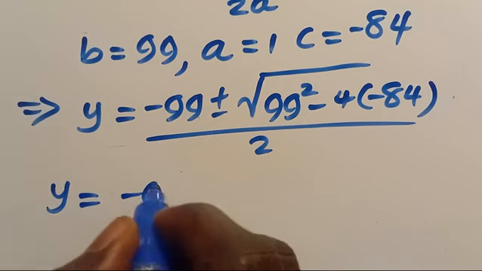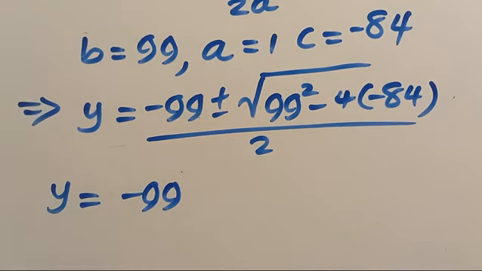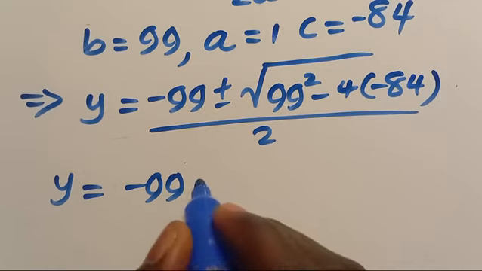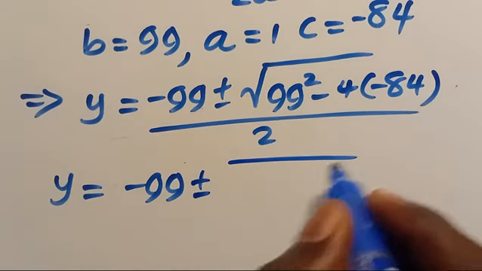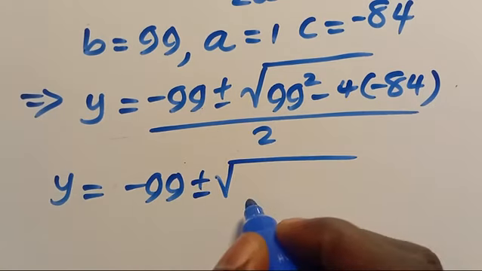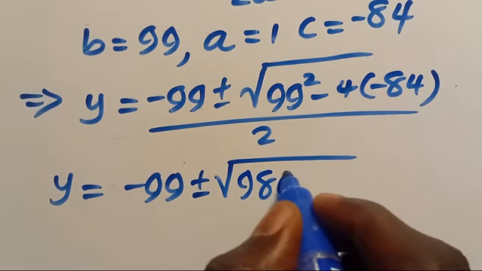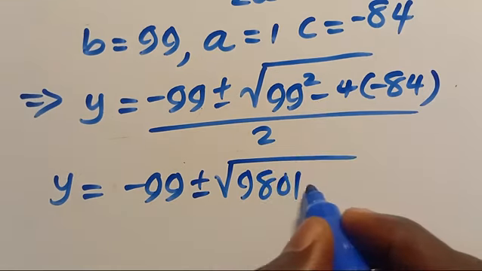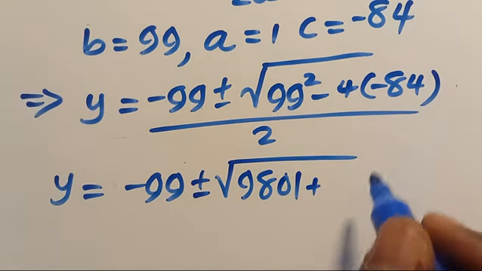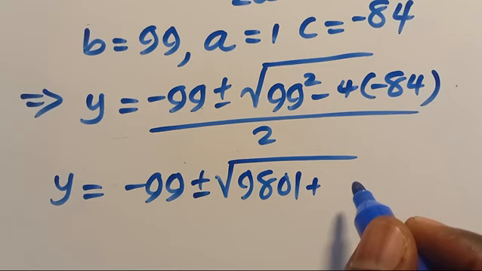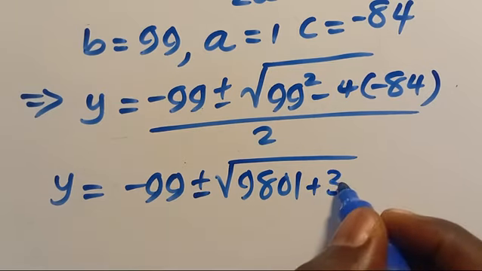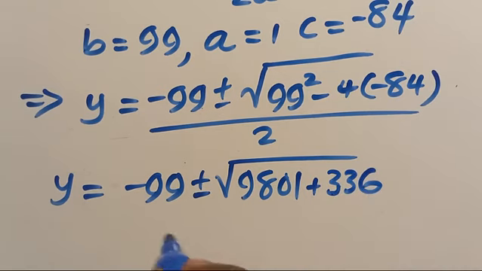Y equals minus 99, then positive or negative, square root of 99 squared, which will give us 9801. Minus times minus will be plus 4 times 84. This will give us 336, over 2.